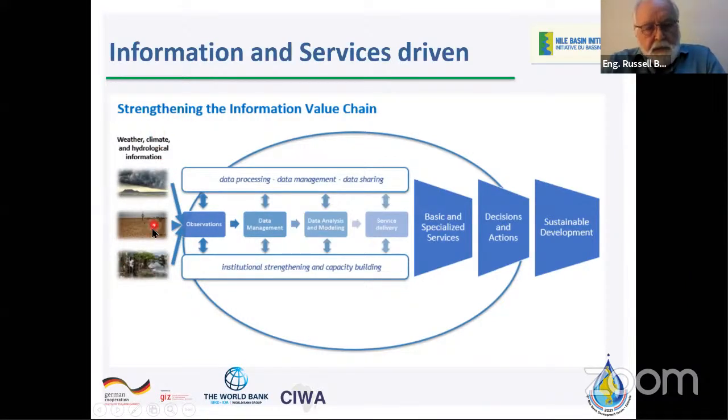You need to be thinking about not only the data collection piece, but how do I manage that data and quality control? How do I do the analytics on it to produce information and understand trends and volumes? And how do I package it and provide that in a manner that decision makers, clients, and users can take advantage of it to make appropriate decisions in the basin. So we need to be thinking about technology from all these complete aspects of it.